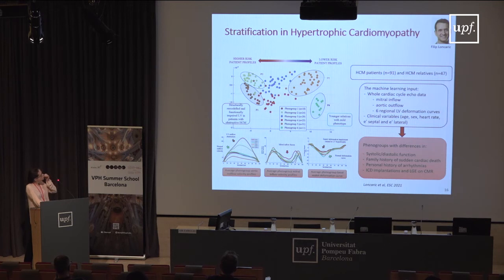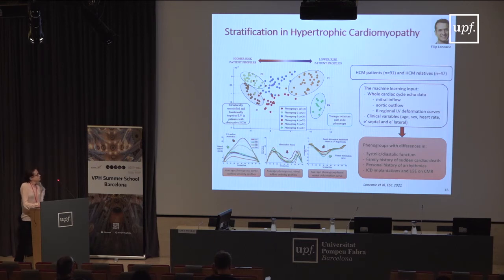For example, phenogroups 1 and 2 corresponded to individuals that had a high prevalence of positive genotypes, a high prevalence of positive family cases of sudden cardiac death, and a lot of comorbidities.